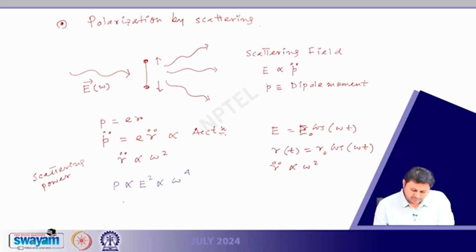So, the scattering power is essentially proportional to omega to the power 4, or 1 by lambda to the power 4, and that is our well known Rayleigh scattering.